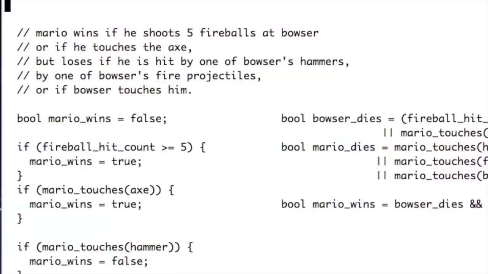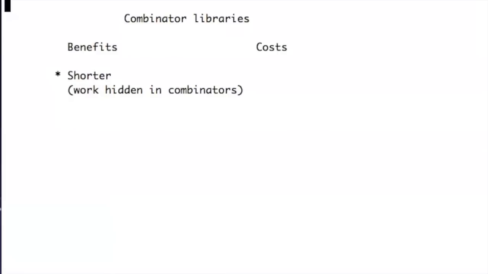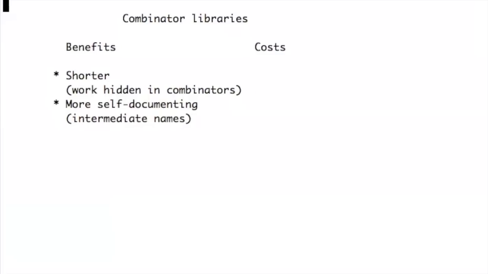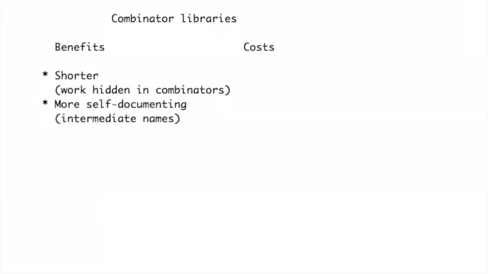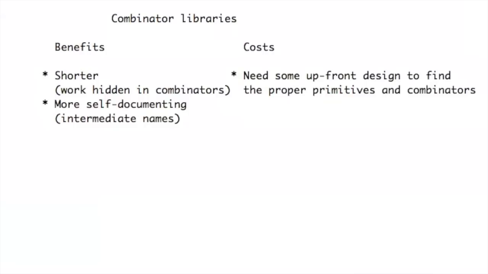All right. So with this system, we have the advantages I've just mentioned: that the code is shorter, that it's more self-documenting because we gave intermediate names, and it's a style of architecture where you're really encouraged to give intermediate names. But the reason why we get those benefits is because all of the cost is hidden inside of the combinators, right?